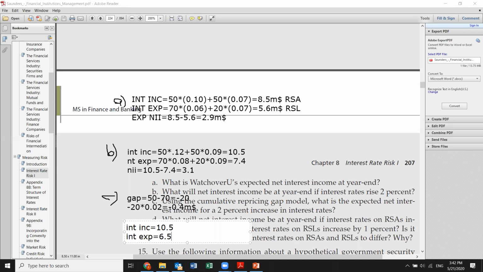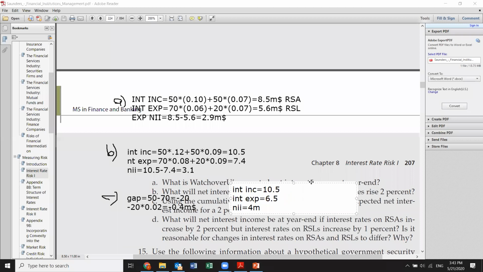I'm sorry, 4 million. Net interest income equals 4 million.